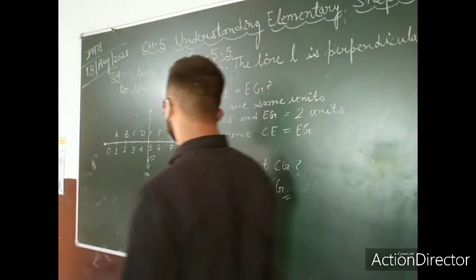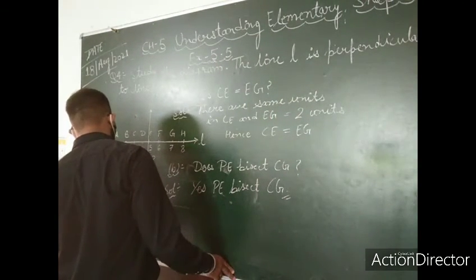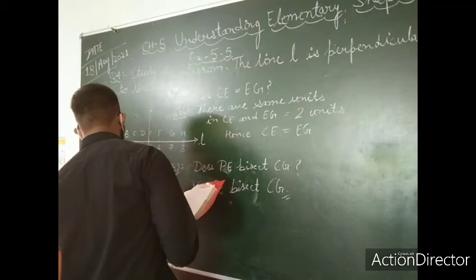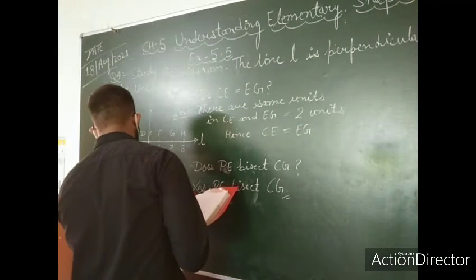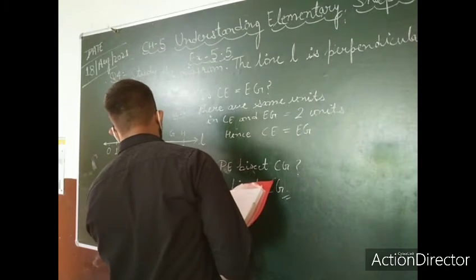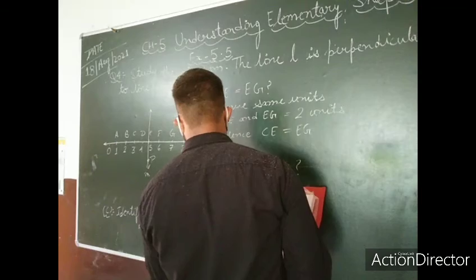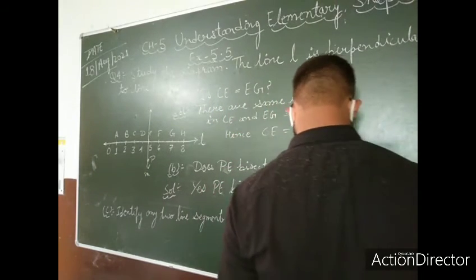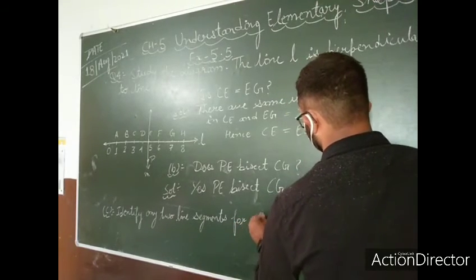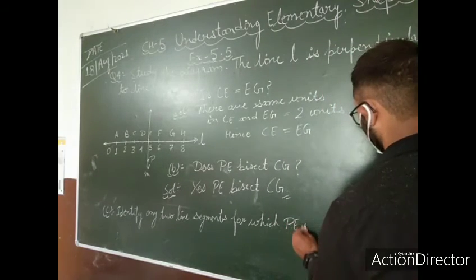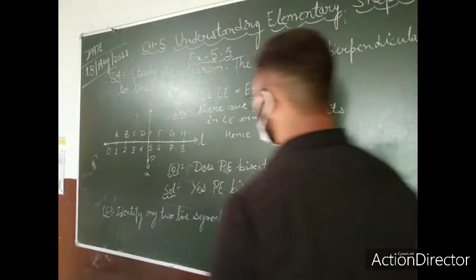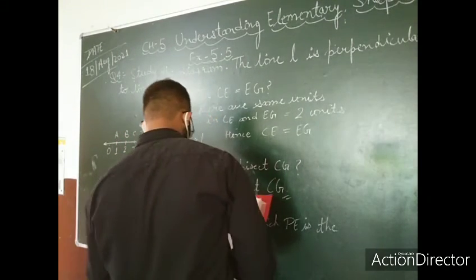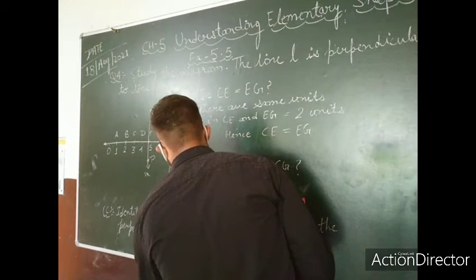Next question, C part of this question. Identify any two line segments for which PE is the perpendicular bisector.